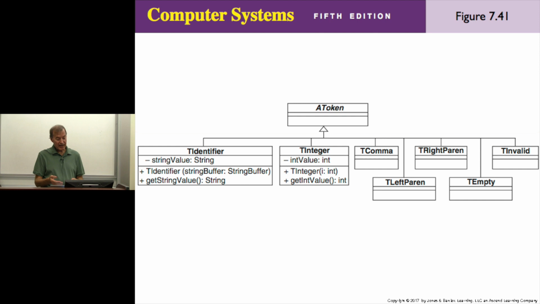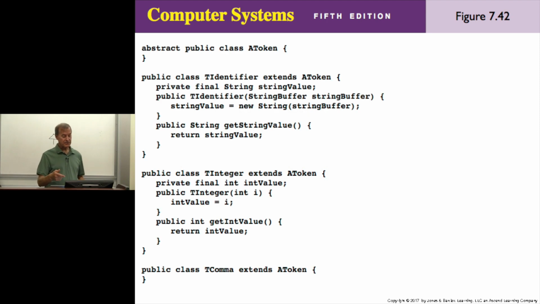In this particular language, we have a comma as a separate token, even though we don't have a comma in our project. And a T-left paren, a T-right paren, a T-empty, and a T-invalid. We also looked at this class Token, and how each one of these extends Token. So you've done all this with your lexical analyzer. But are there any questions about this at all?